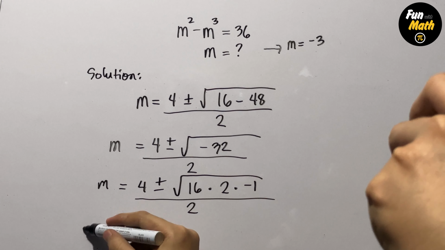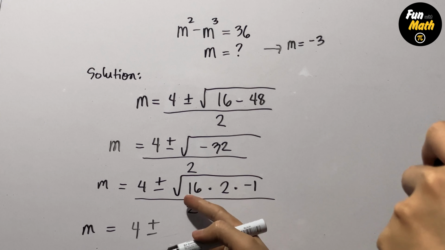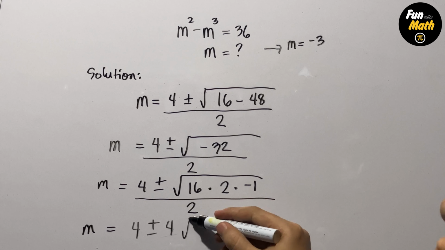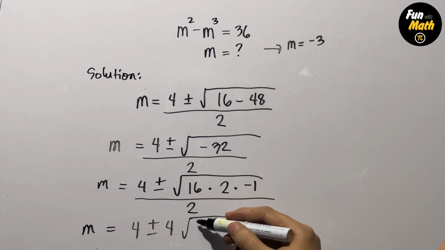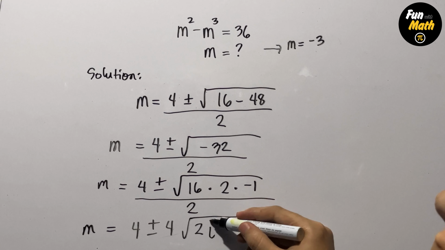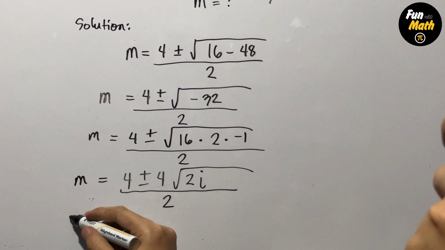And now m is equal to 4 plus or minus the square root of 16 is 4, then the square root of 2 is root 2, and the square root of negative 1 is i, all over 2.